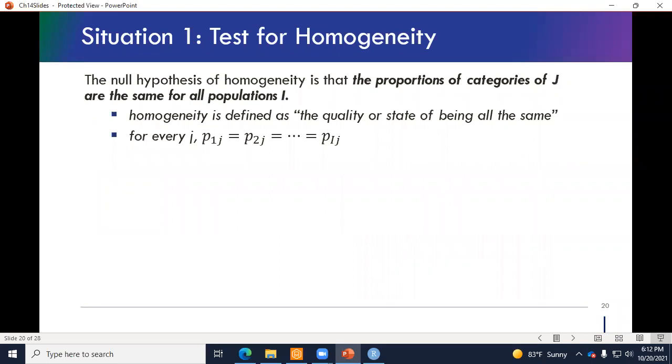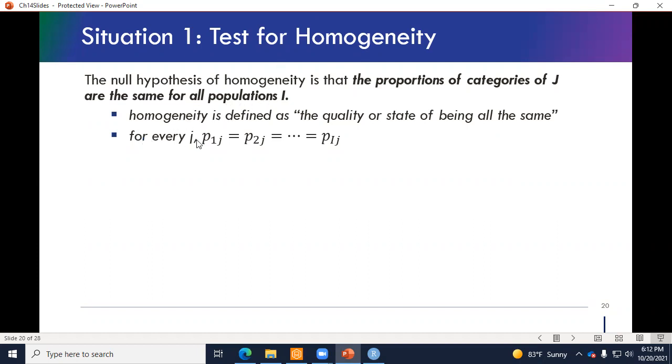For this test of homogeneity, the null hypothesis is that the proportions of the J categories are the same for all populations.